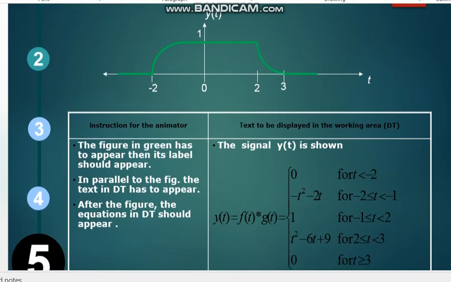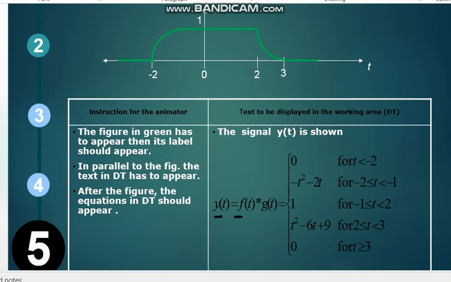So y of t, f of t convolved with g of t, for t less than -2, in that situation was 0. From -2 to -1, you integrate that part: in the following section there was the integration of t minus tau plus 1, with 2 up front and d tau.